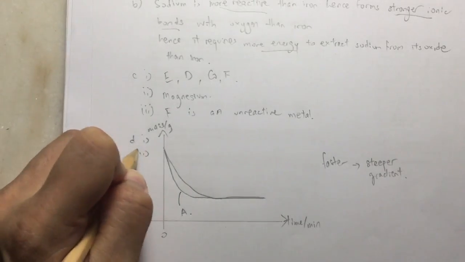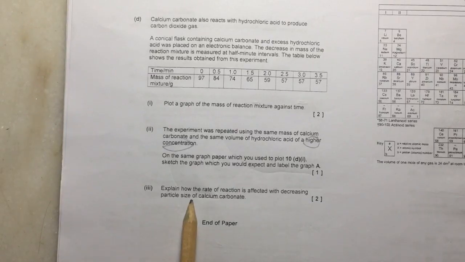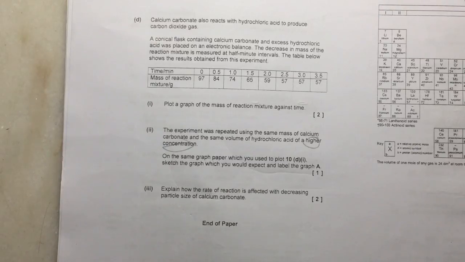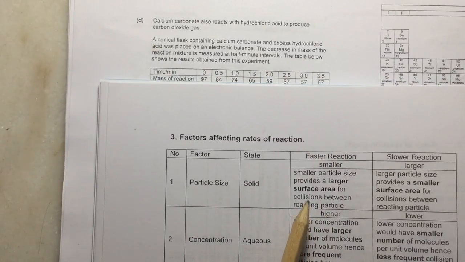So part 1, part 2, done. Part 3. How the rate of reaction is affected with decreasing particle size. Back to our VIP notes. Smaller particle size gives us a larger surface area for collisions. Okay, so larger surface area for collisions, then what?